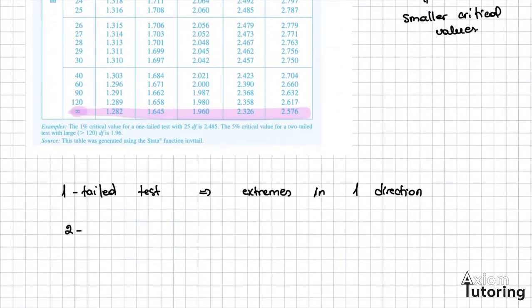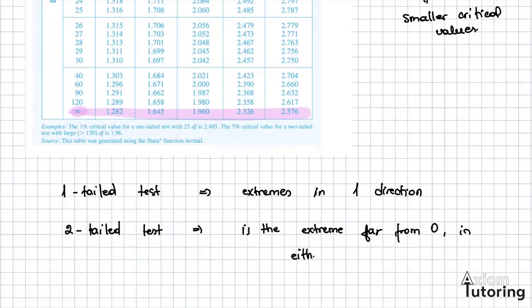For the two-tailed one, you are just interested in whether you are far enough from zero or not, regardless of the direction. So is the extreme far from zero in either direction?